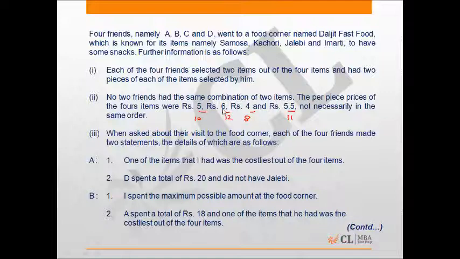So costliest, that means 6 rupees, right? So if he had bought the item which is worth 6 rupees, that means for 2 pieces he had spent 12 rupees on that. So remaining is 6 rupees. So if he has spent a total of 18 rupees, it should be 12 plus 6, but you do not have any number which gives you 18 when added to 12.